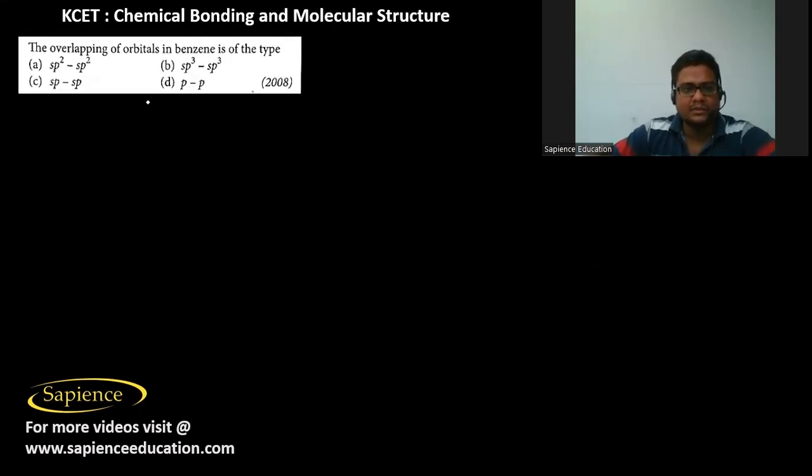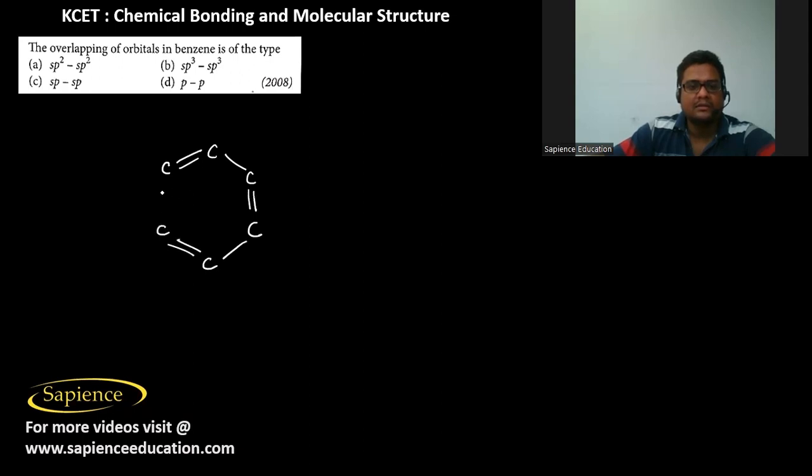Then it is asked: the overlapping of orbitals in benzene is of the form. So in benzene, the structure is like this. We have alternate single and double bonds, and hydrogen is connected with every carbon atom, one hydrogen each.